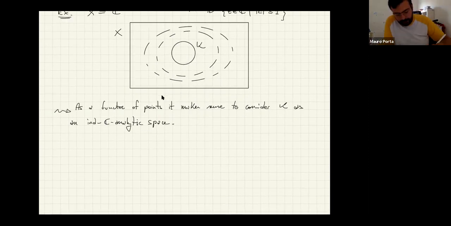Now this is interesting because one can prove the following theorem. We take K inside X a compact Stein.